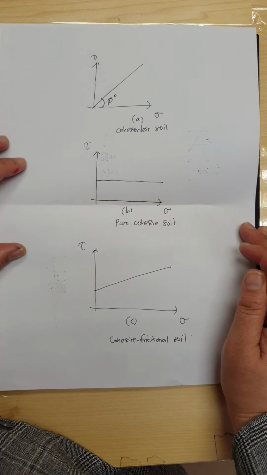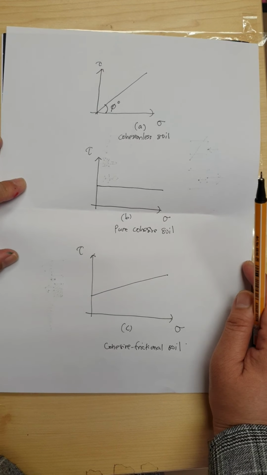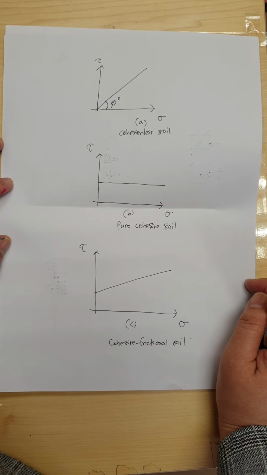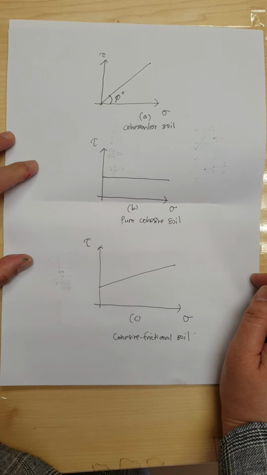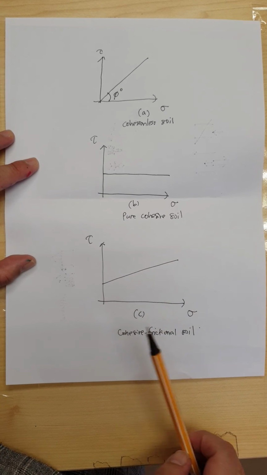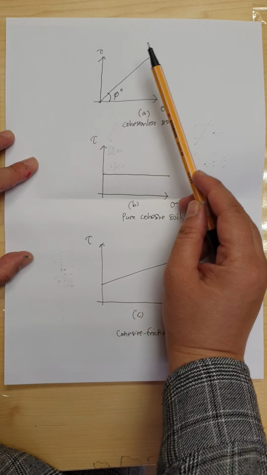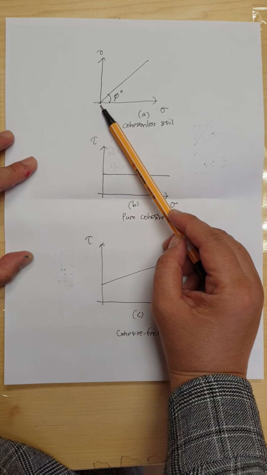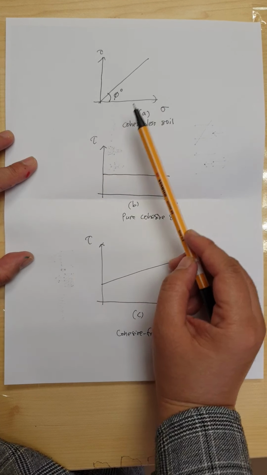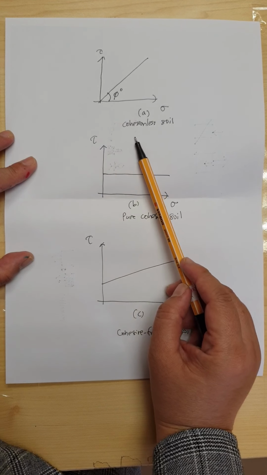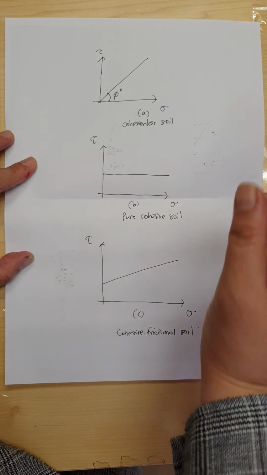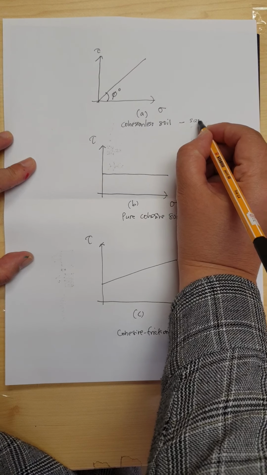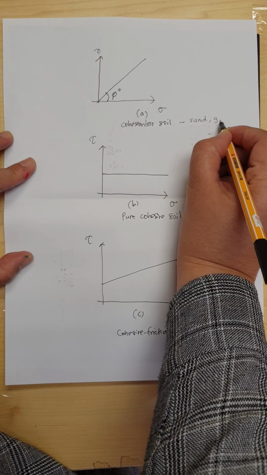Even though I showed you the general graph that we can get from the results, we have three different types of expression. If your failure envelope crosses the zero value here, we know that this is cohesionless soil, meaning cohesionless soil is a kind of sand and gravel type of soil.